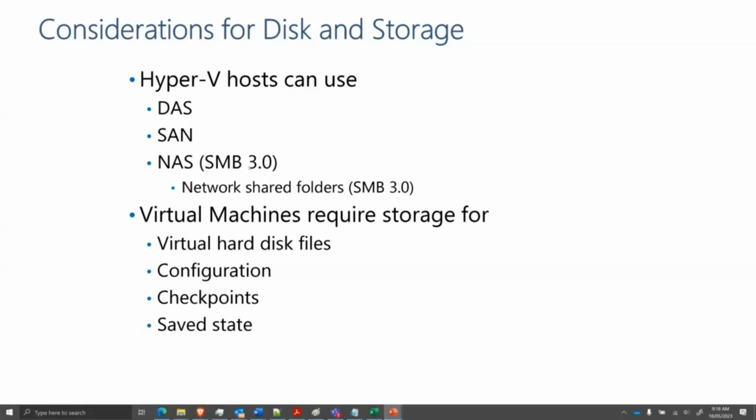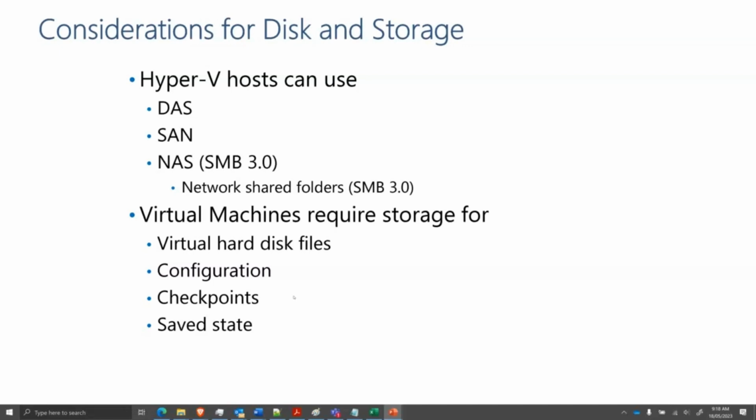When you create a share for applications, it's SMB version 3, which includes the features required for running virtual machines. Virtual machines require storage for the virtual hard drives, the configuration files, the checkpoints, and the saved state. So nothing new here for us. We're so familiar with this, just a couple of different names.